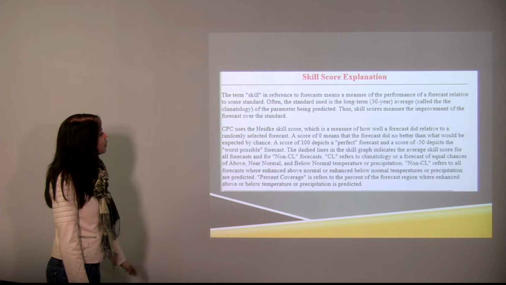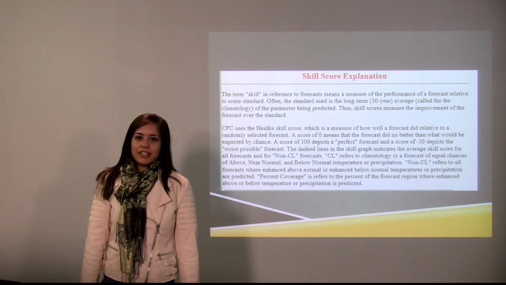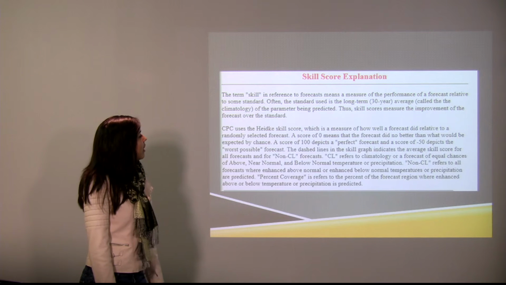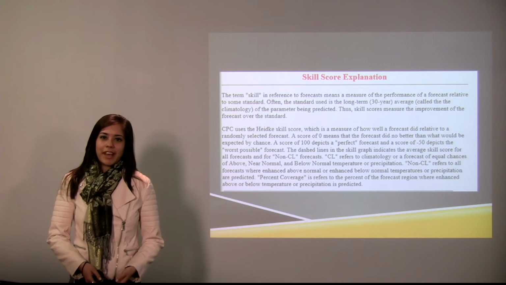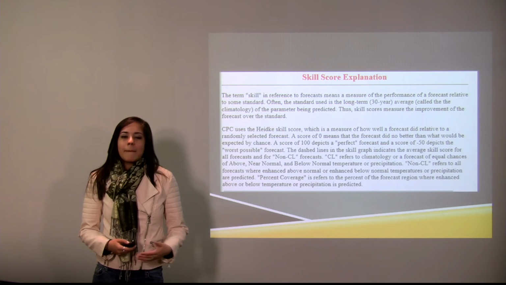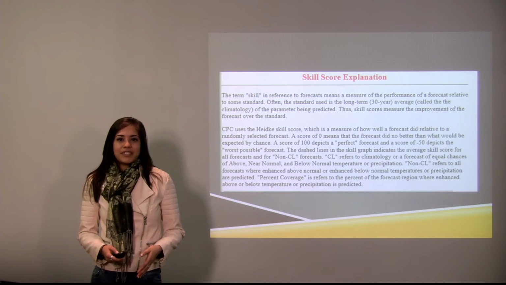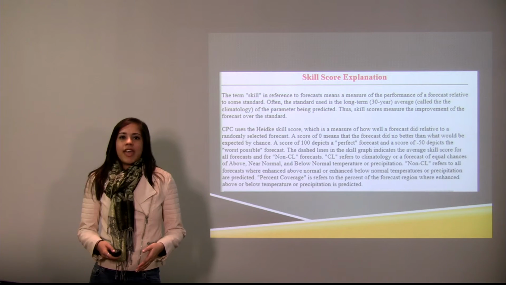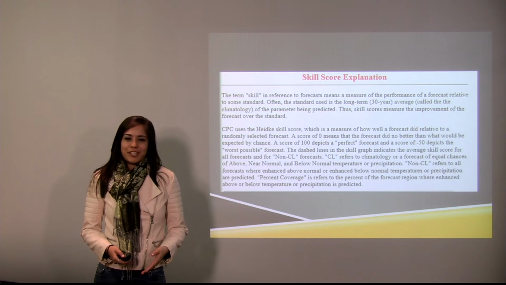So basically, this is what you're going to be redirected to. And what it's going to say, basically, to summarize, is that the forecasts given are going to be verified and looked over and compared to either past forecasts or climatology to see if the forecast is doing a better job and actually giving you good information or bad information.